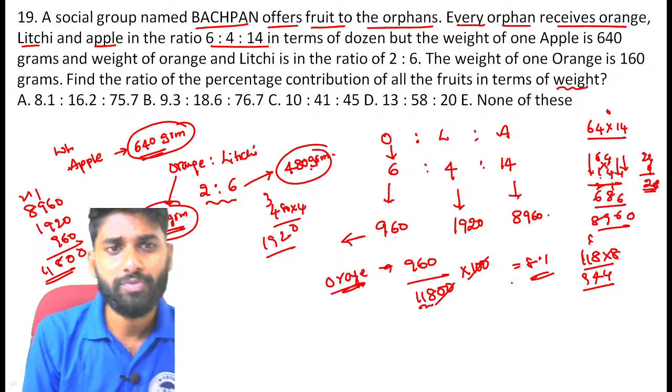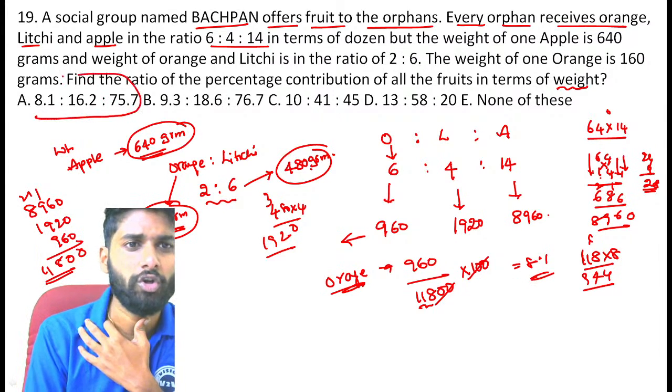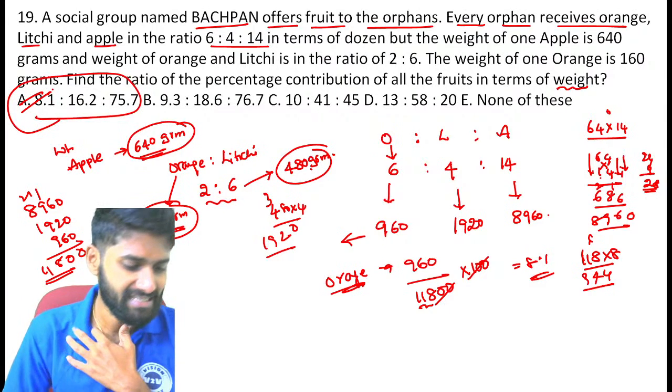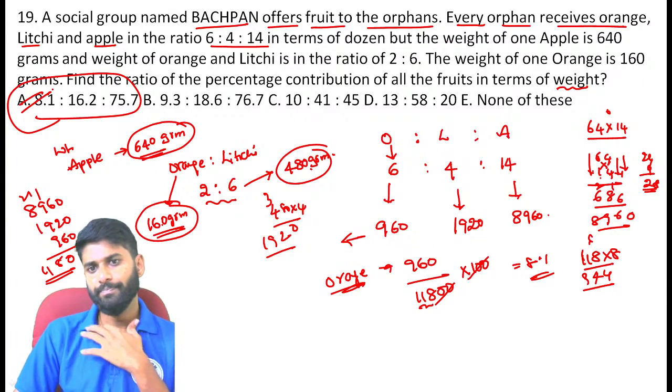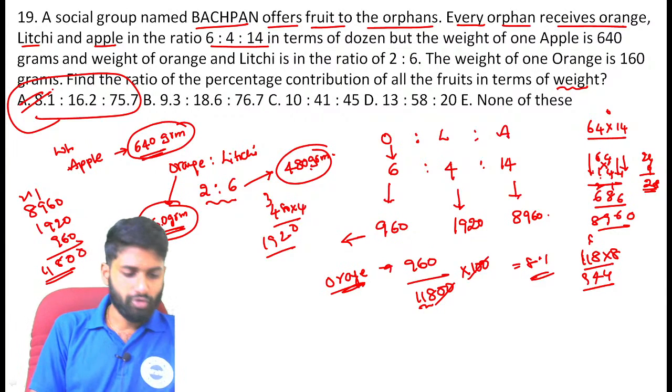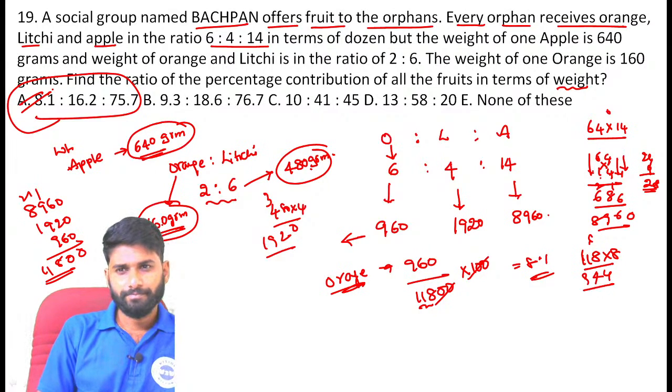See, based on the options, we want 8.1. We have 8.1 as an option. Just go through all the options, then approximately you can get the answer. A would be the perfect answer, guys. It needs some calculation. See the approach. The approach is the most important part, guys. Everything is a matter of calculation.